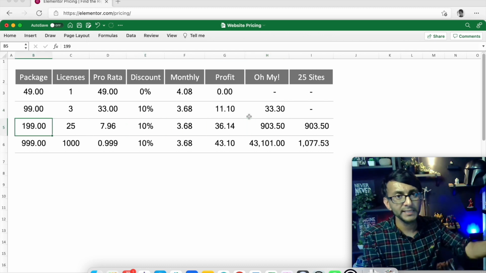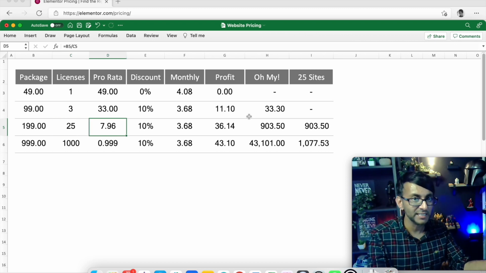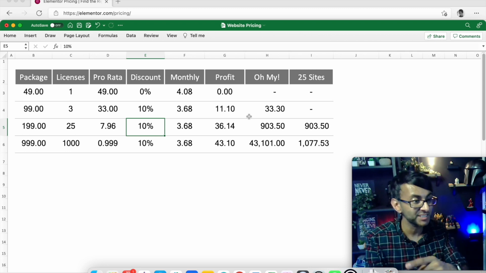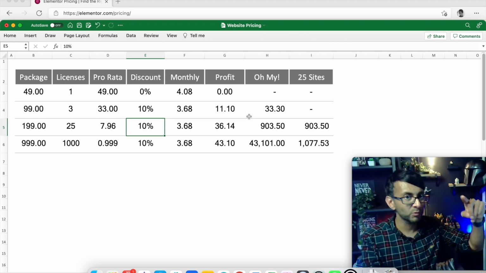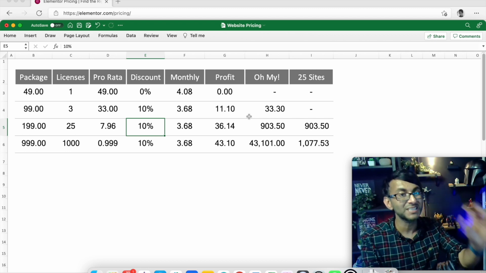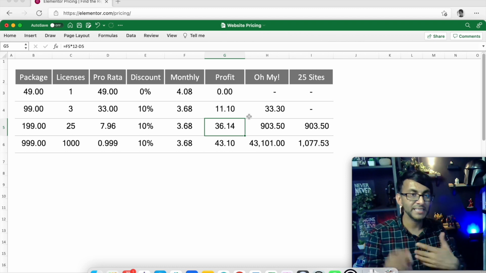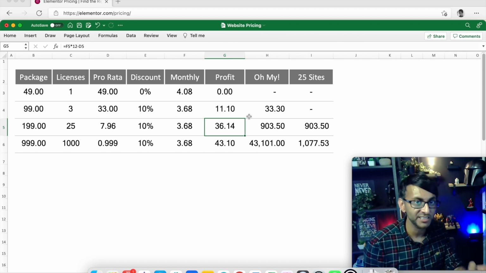If you go for the $199, you pay $199, you get 25 licenses. Pro rata, that's just under $8 per license. We'll again give them a 10% discount on the 49. Not 10% of the one above, 10% of the original standard of 49. They pay $368 per month. At the end of the year, you will make $36 profit per license.